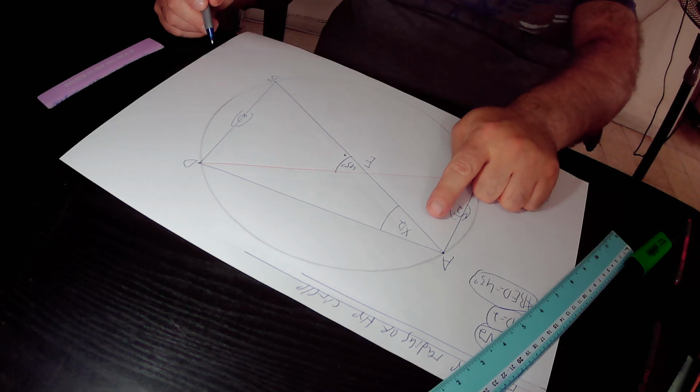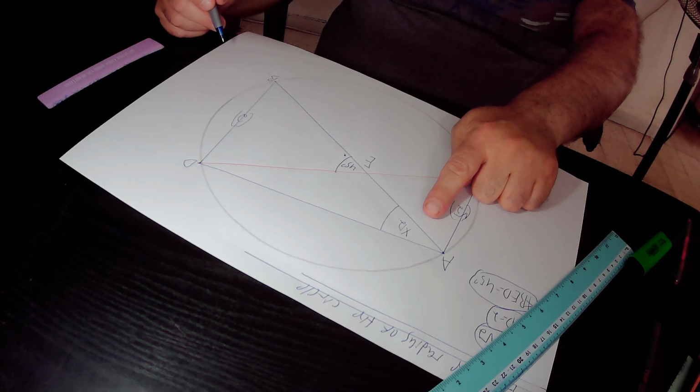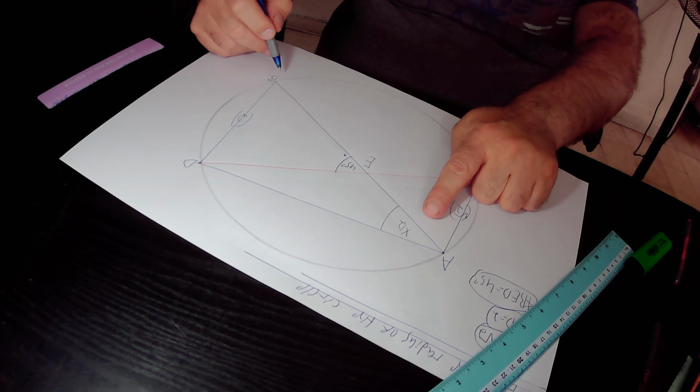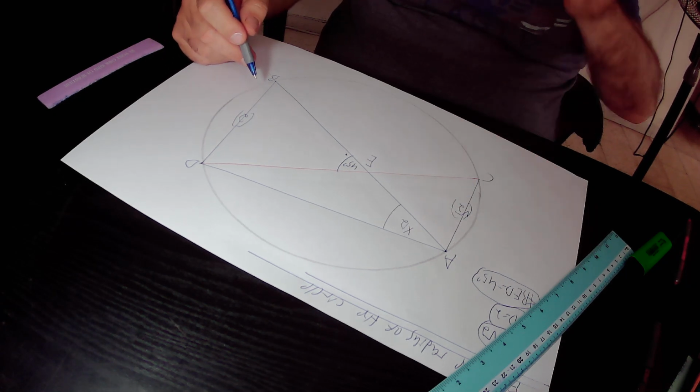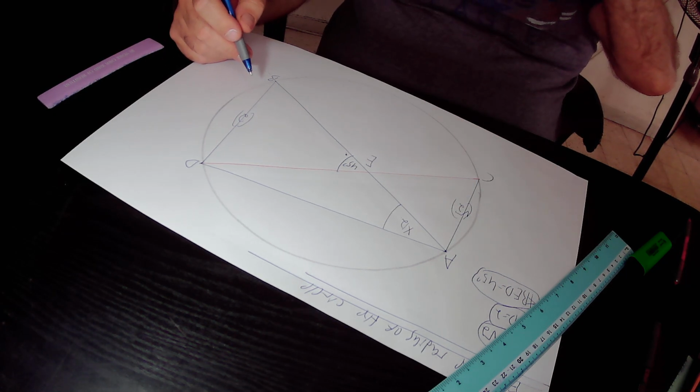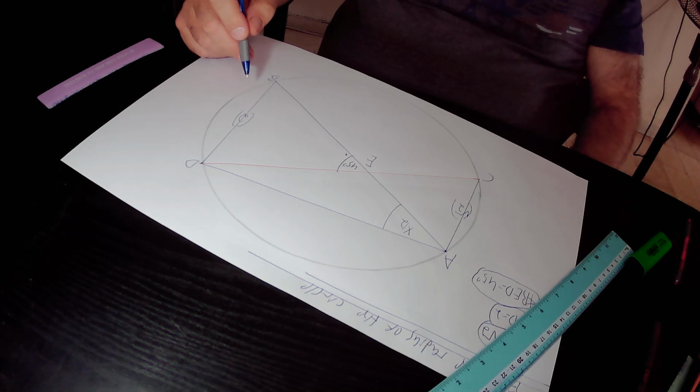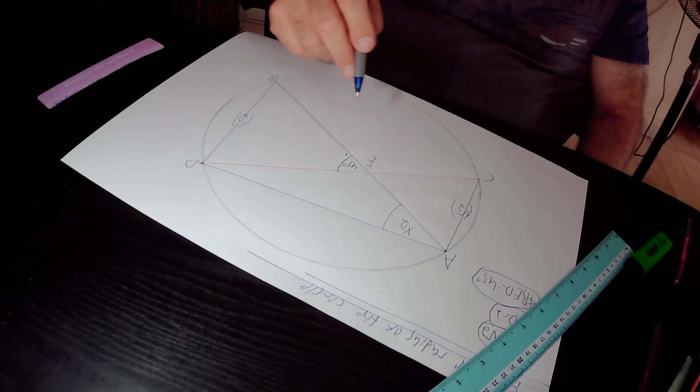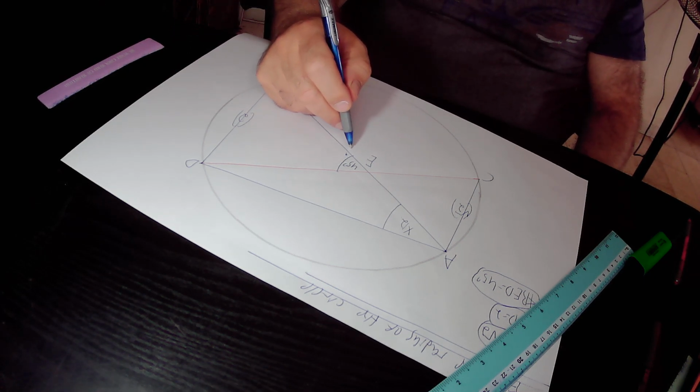Again, peripheral angle BAD is subtended on chord BD. We define the center of this circle. This point is point O.